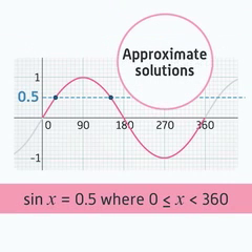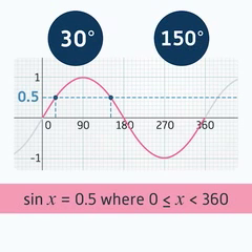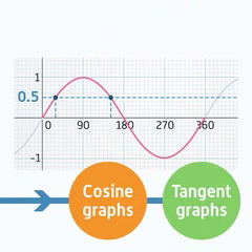Do bear in mind that these will be approximate solutions, because as carefully as you might draw it, your graph will not be perfect. Doing this gives us approximate solutions of 30 degrees and 150 degrees. This same method works for graphs of cosine and tangent too.